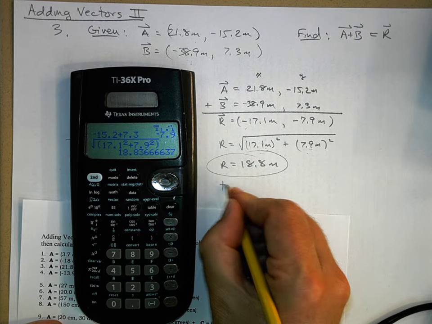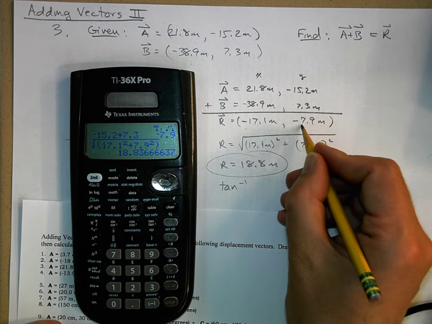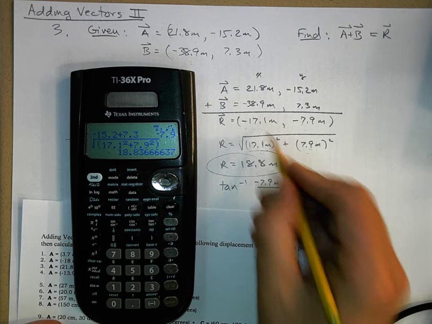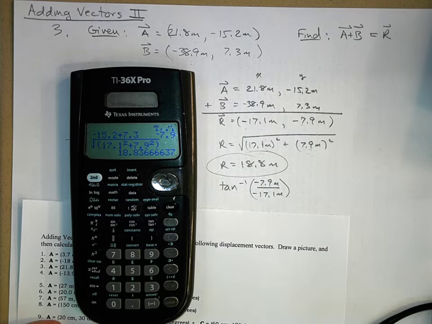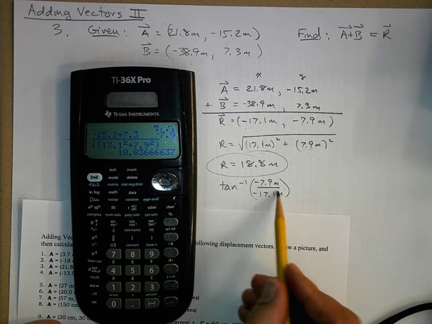Now, the angle is going to be the inverse tangent of the y value, negative 7.9 meters, divided by the x, negative 17.1 meters. Now, do I have to add 180 degrees to this inverse tangent? Yes, because the x component is negative.